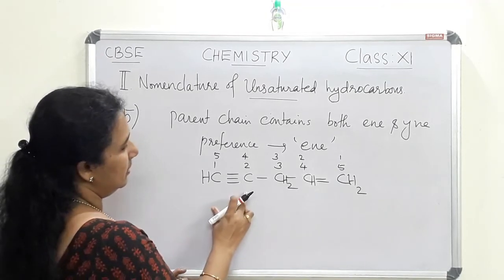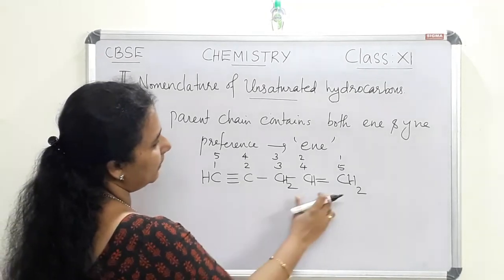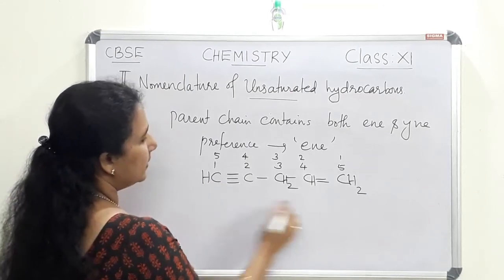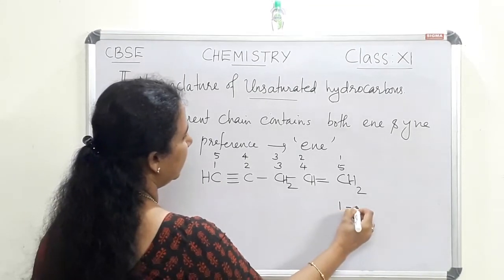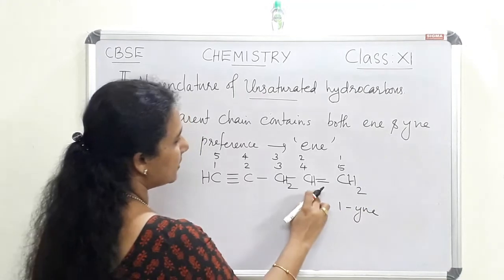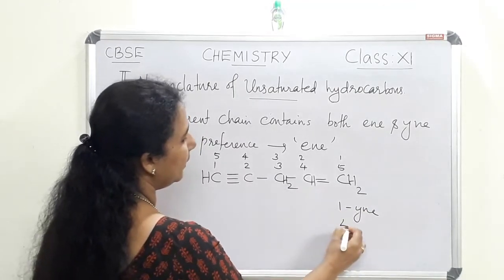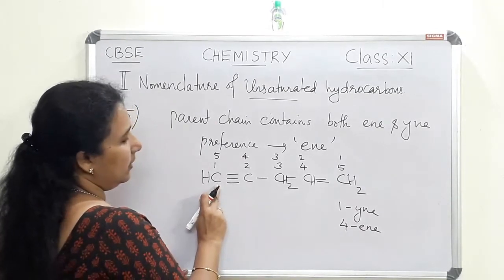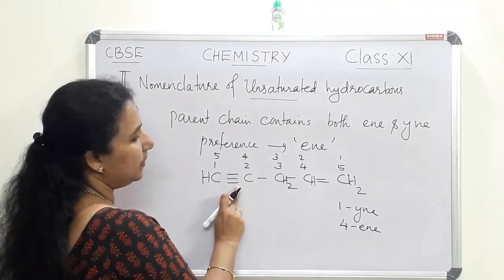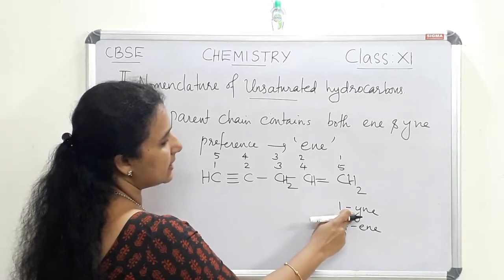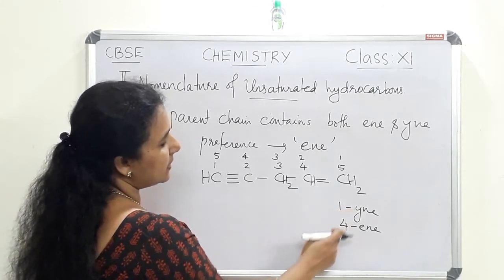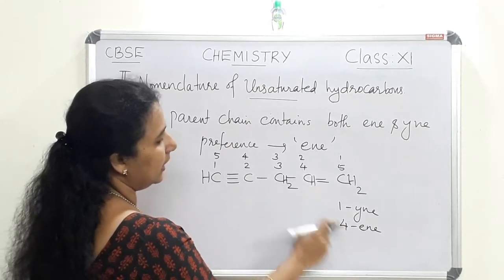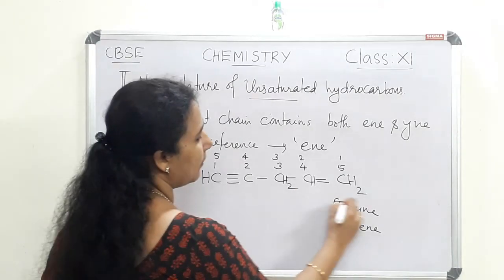Let us give the numbers to the multiple bonds. If it is from left to right, 1 will be a yne and 4 will be an ene. So the first carbon is the triple bonded carbon atom, and the fourth carbon atom is a double bonded carbon atom. So this is the first possibility.